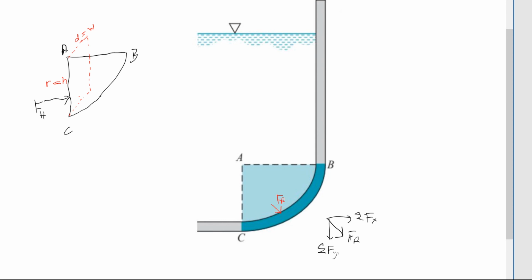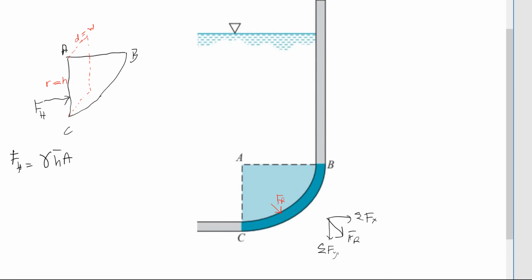To determine this, you can use the equation for the hydrostatic force on a plane surface, where Fh is equal to rho g h bar A, or gamma h bar A, where h bar is the vertical height taken from the water surface to the centroid of this imaginary surface or imaginary area.